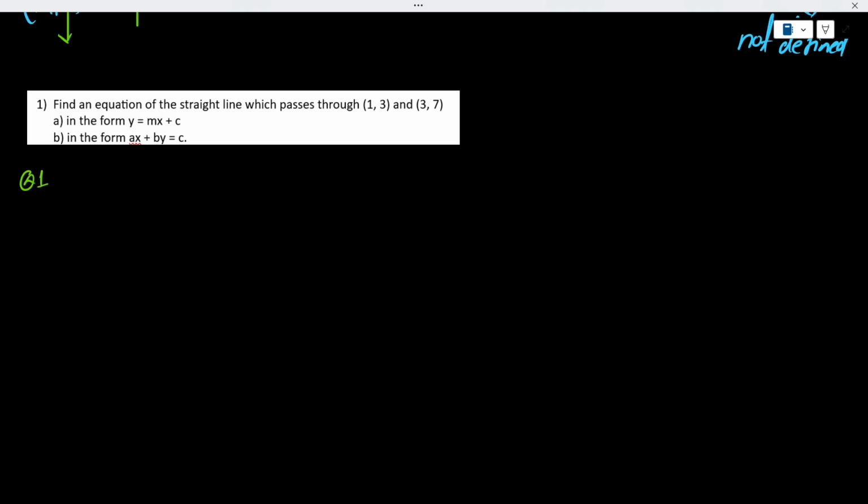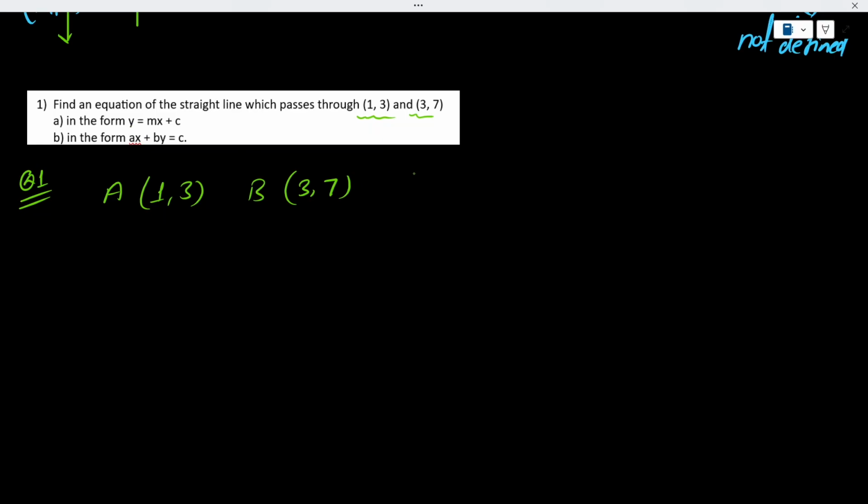What is question number 1 here? Find an equation of the straight line which passes through 1 comma 3 and 3 comma 7. So if I take the first coordinate as point A, which is 1 comma 3, and the second one as B, which is 3 comma 7, I need to find an equation of a line.